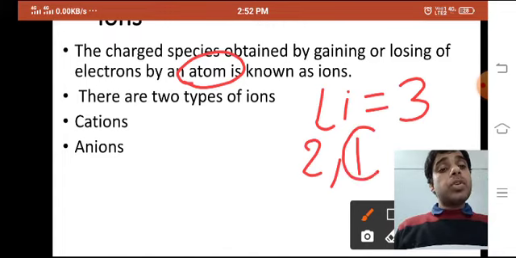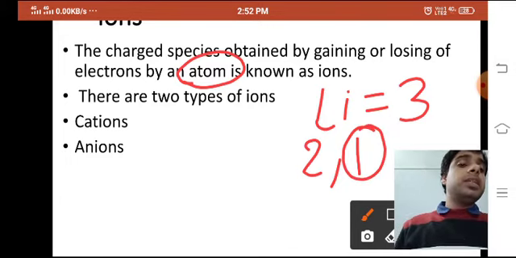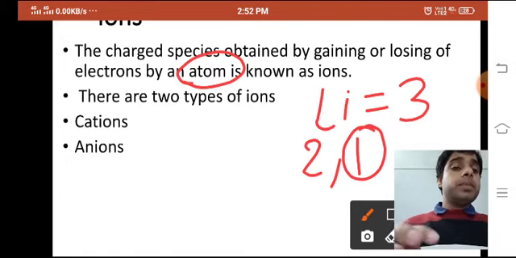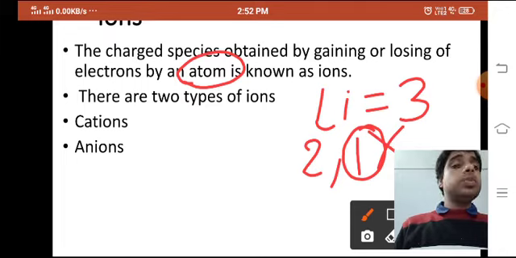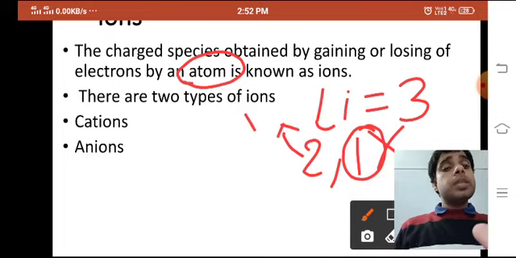This one electron is preventing lithium from gaining the stability. So the extra electron which is preventing it from gaining stability, it will lose. Anyhow it will lose this electron. Then it will go into the helium, nearest noble gas electronic state.